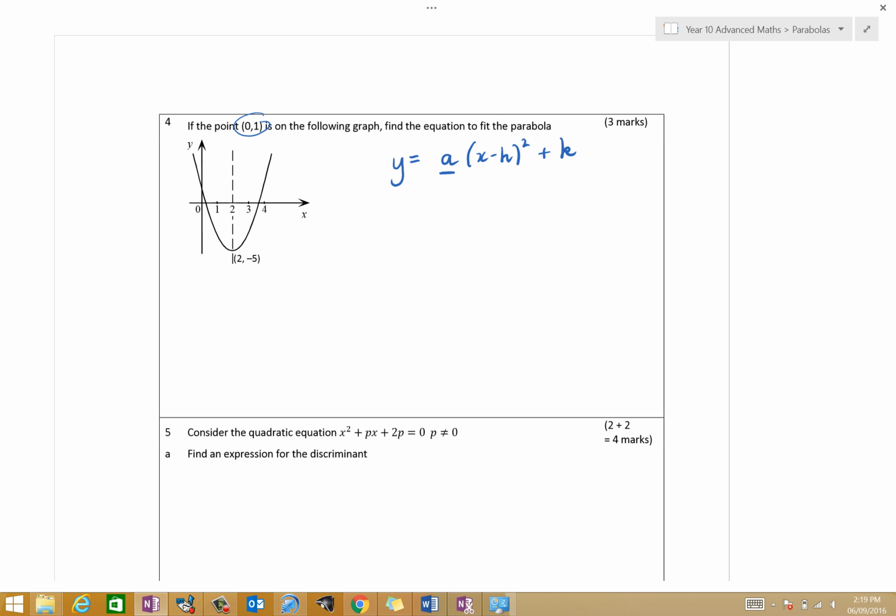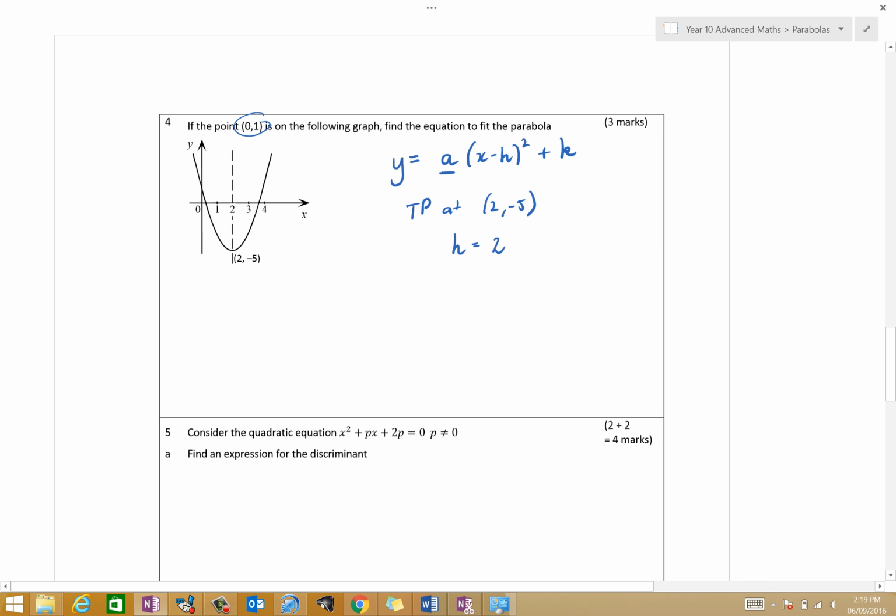So, in order to solve for 3 unknowns, we need 3 pieces of information. But thankfully, the coordinate of the turning point gives us 2 of those. We've got a turning point at (2, -5), which means that h is equal to what? No, it's actually 2.